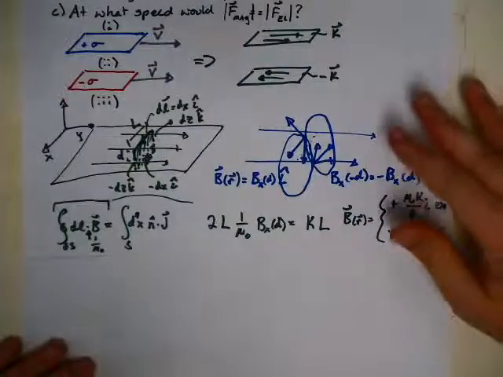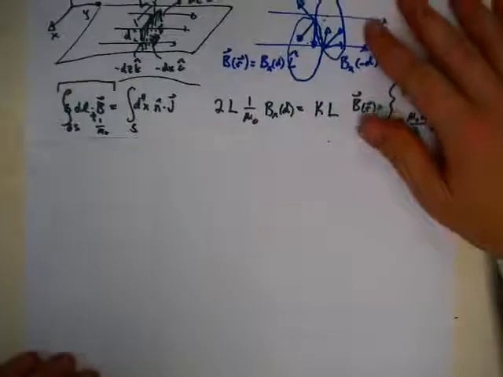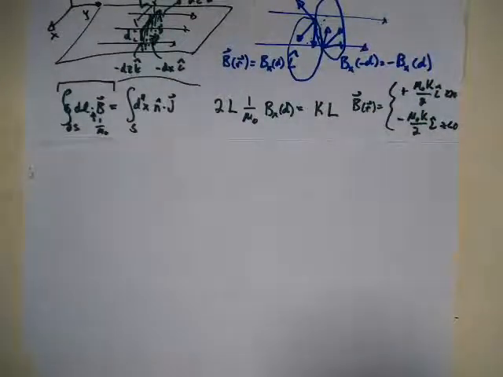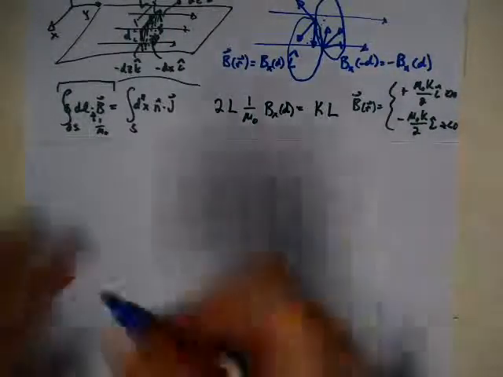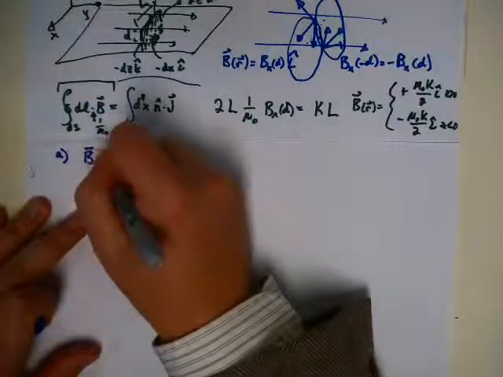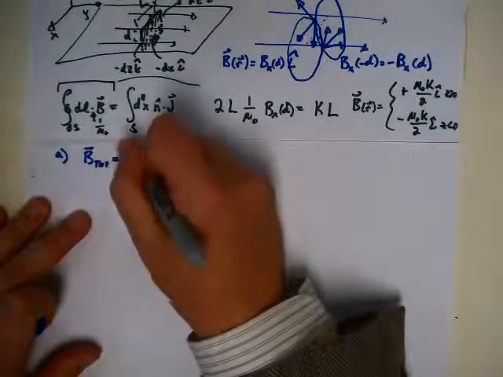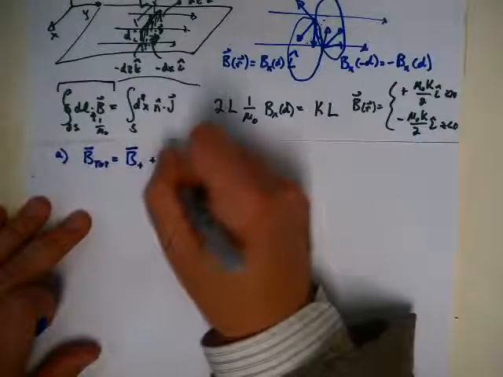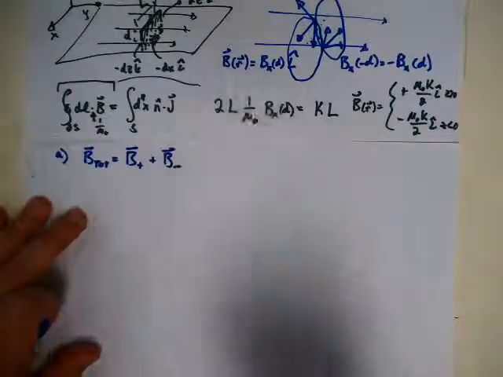Given that notation, we are going to use the rules of superposition to find the magnetic field everywhere. For part A, B total is going to be B for the positive plate plus the magnetic field for the negative plate.